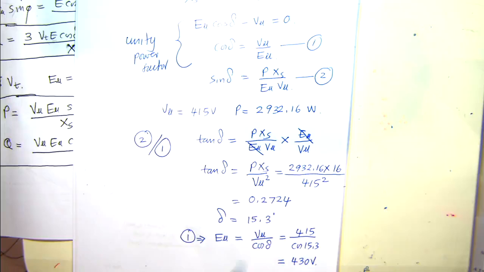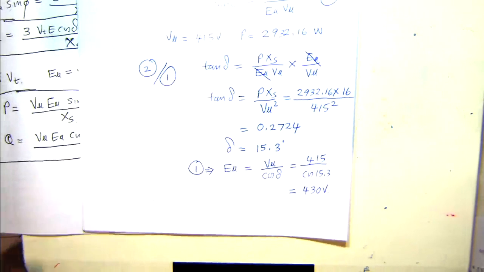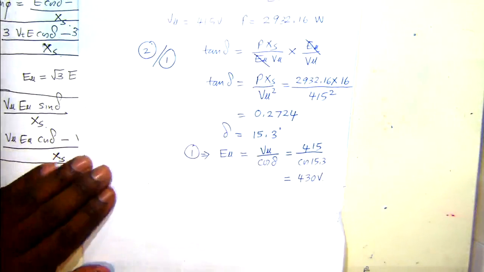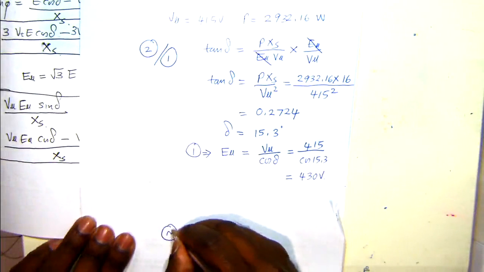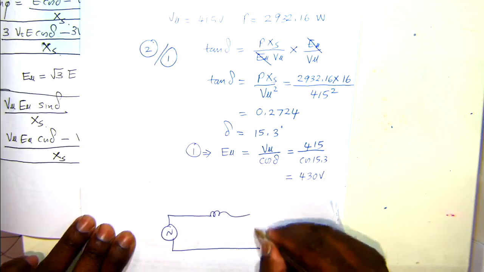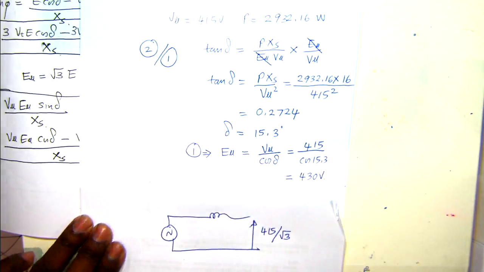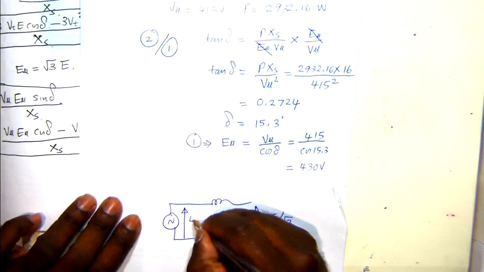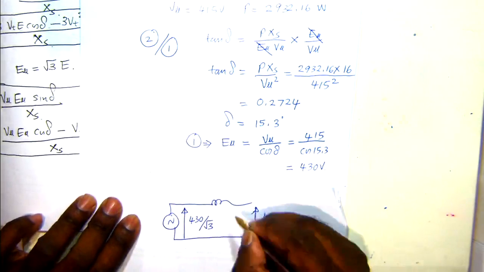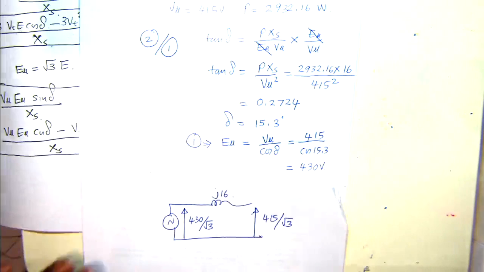So now you have the excitation voltage, the torque angle, and the terminal voltage as well. So you can do the calculation using the equivalent circuit to find current. So if you draw the equivalent circuit, you'll have the terminal voltage here, that's 415 over root 3, and here, let's say 430 over root 3, and this is J16.